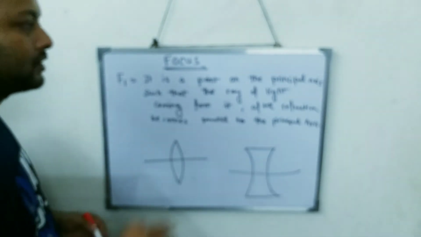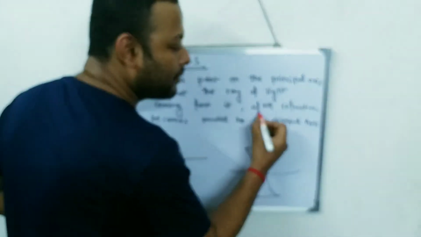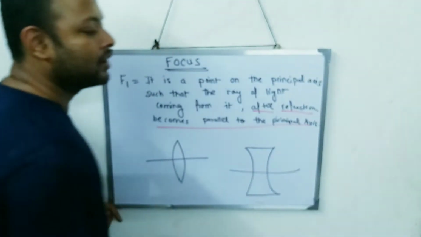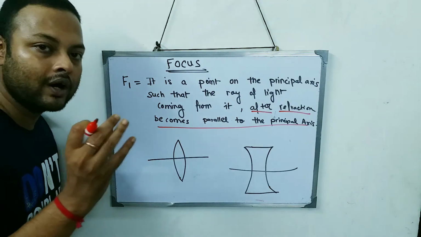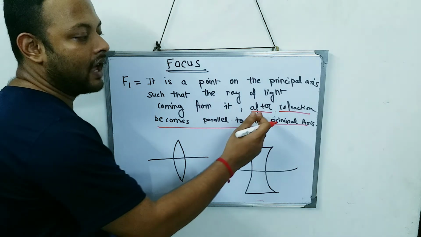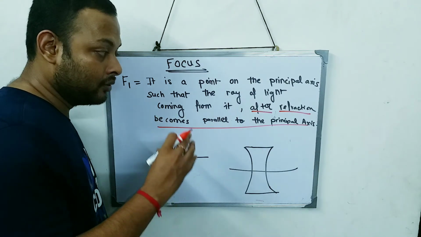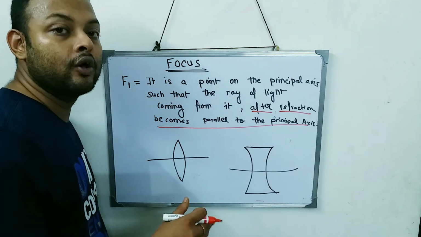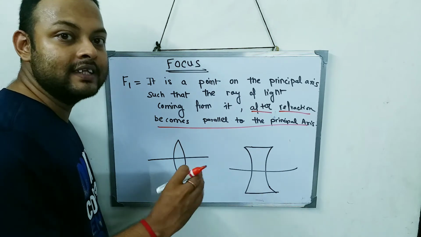If you look at this definition, the important part is "after refraction becomes parallel to the principal axis." What idea do you get? As they are saying after refraction, that means we are talking about the output rays, not the input rays. We are talking about the emergent rays, not the incident rays.